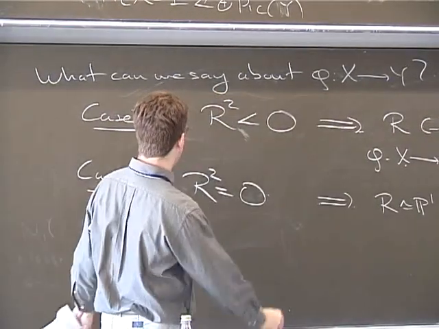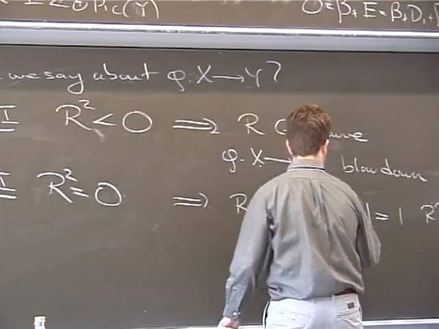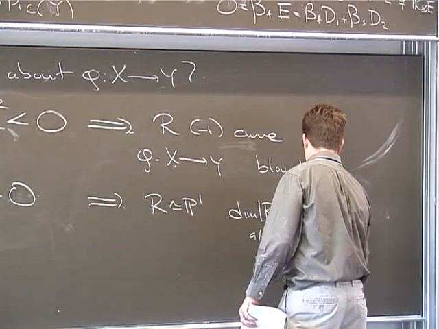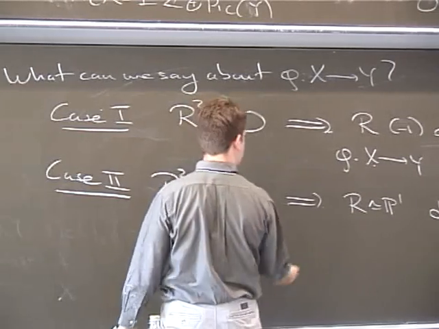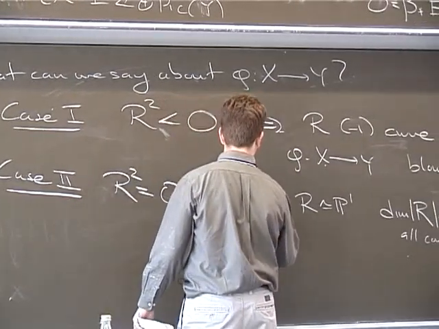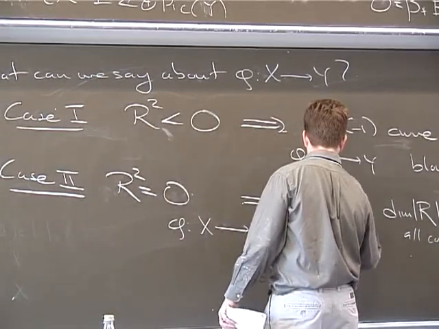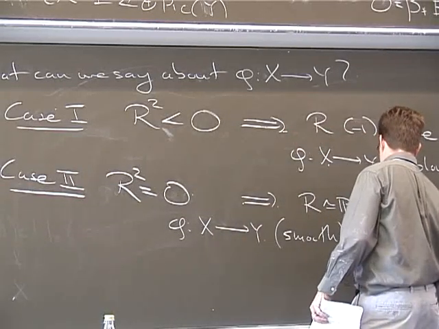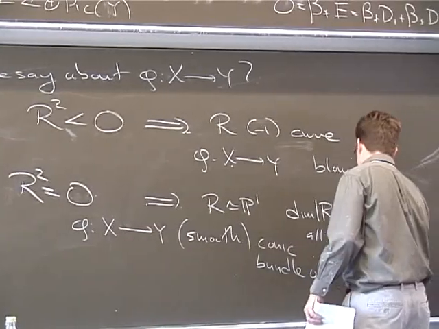And so the induced morphism contracts all these curves. So these are all contracted. And so it follows that this is a smooth conic bundle over a curve Y.